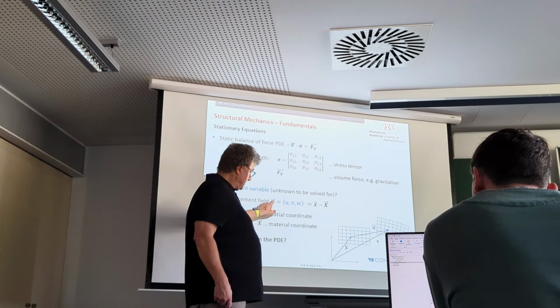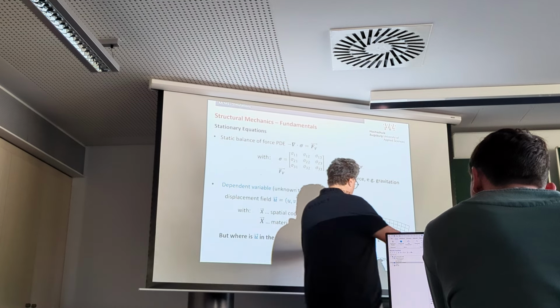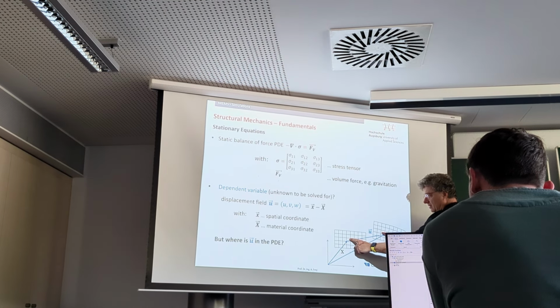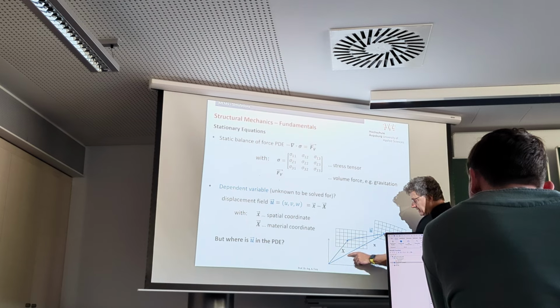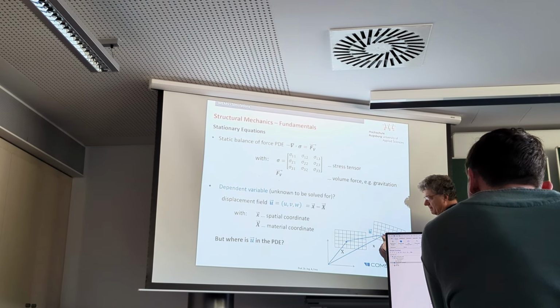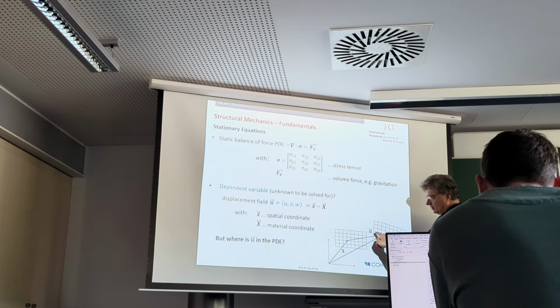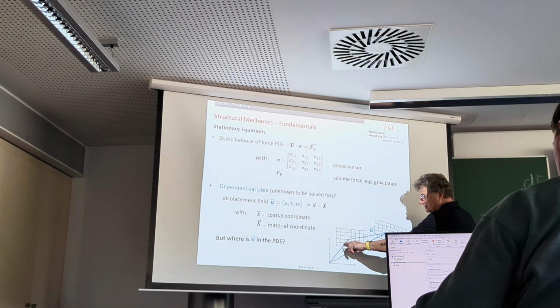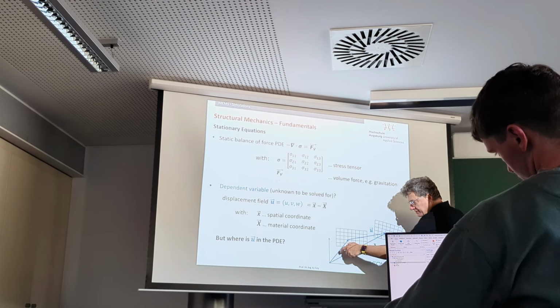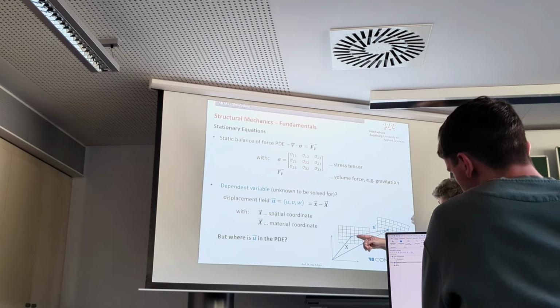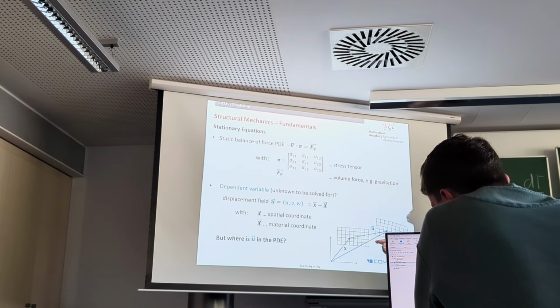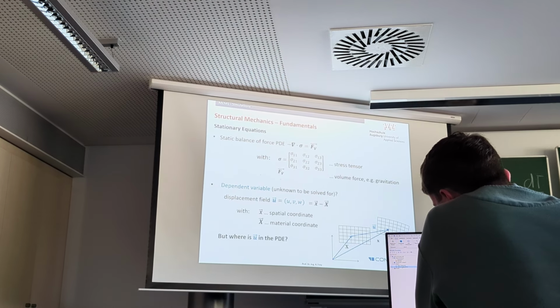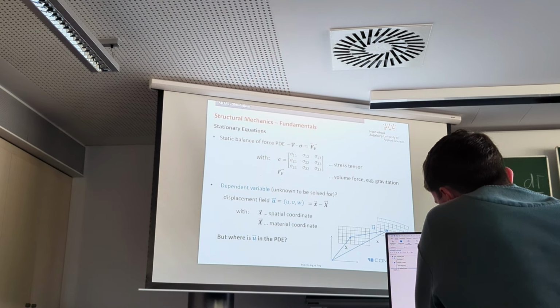Particularly displacement field U, that vector can be calculated from small x minus large X, because we have to reverse that vector arrow. Just vector calculus. We need these relations later, you will see.